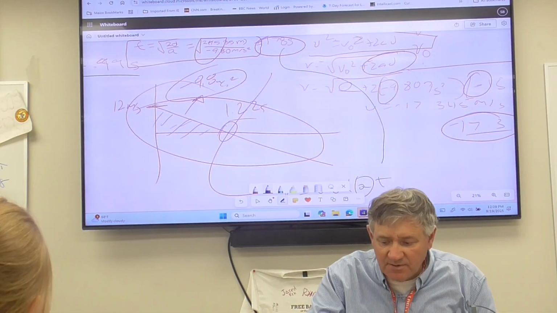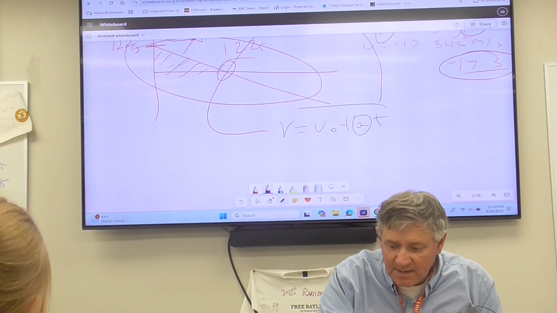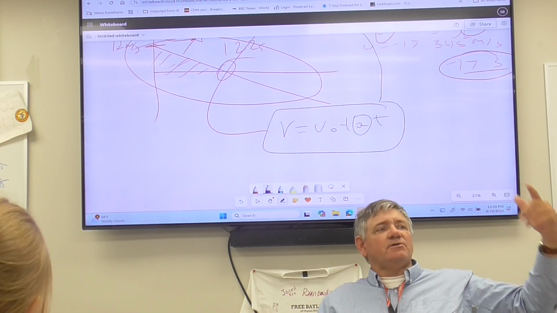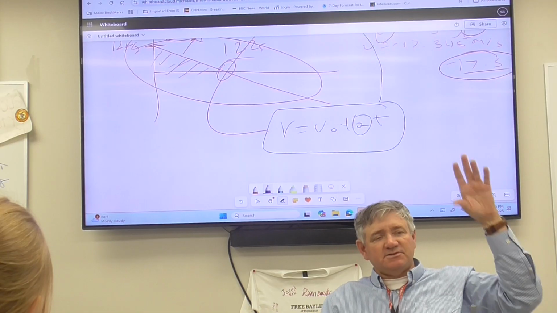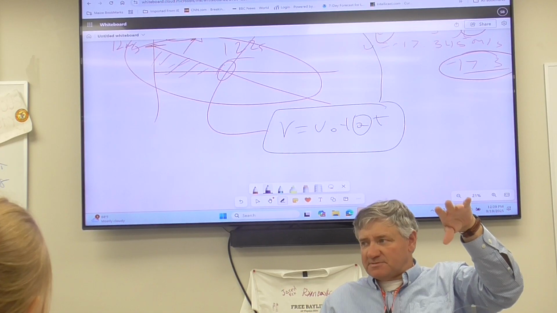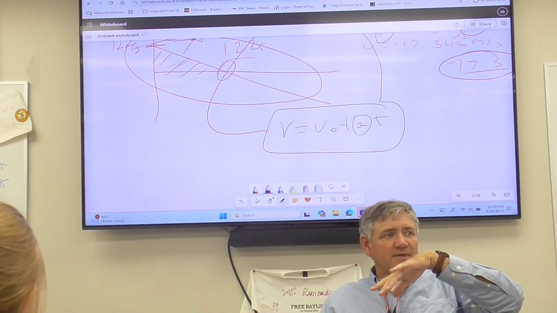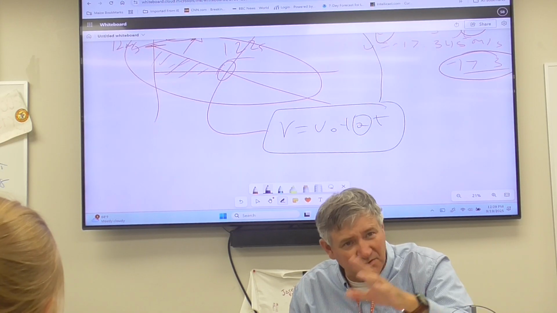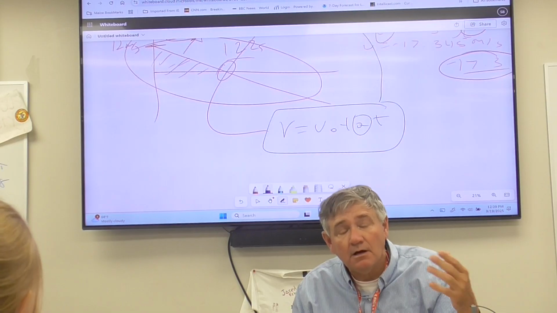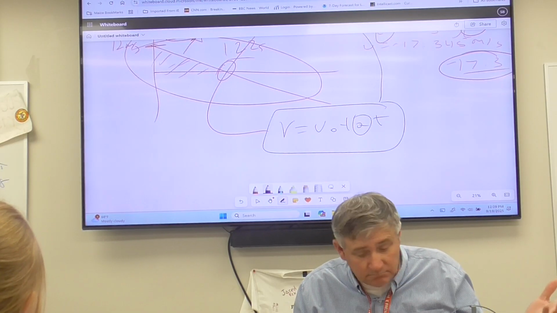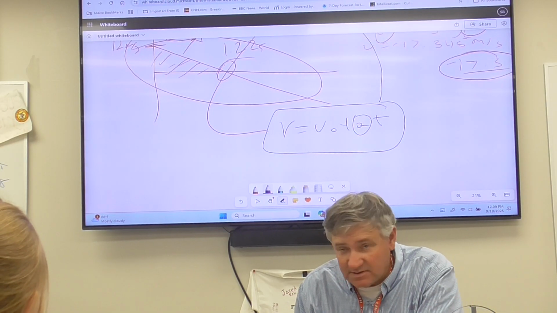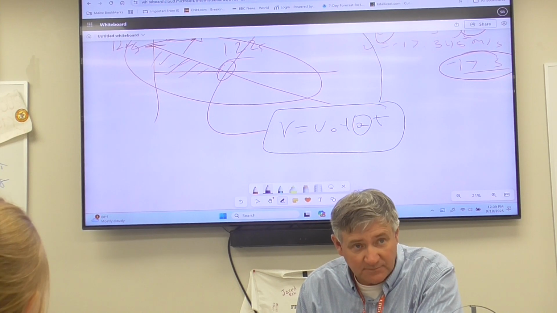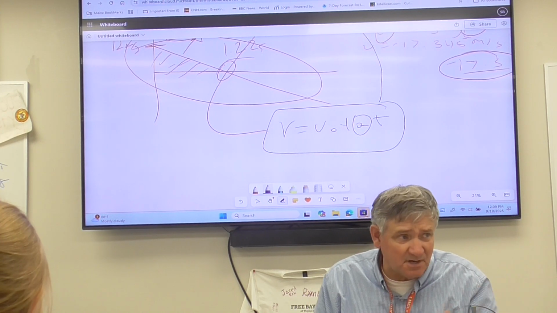The advantage of this method is that it automatically generates a negative velocity because you're taking negative 9.8 meters per second squared and multiplying that by time. So this mathematically is a little cleaner. It's fine. Or you can use V squared equals V naught squared plus 2AD. Those are kind of your options on that one.